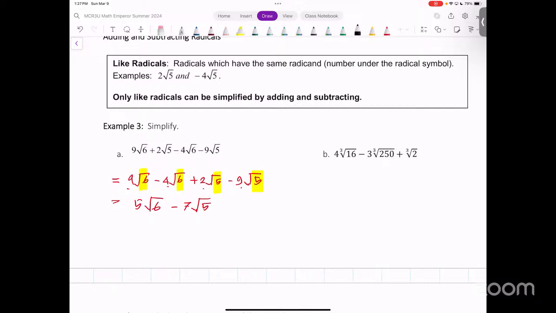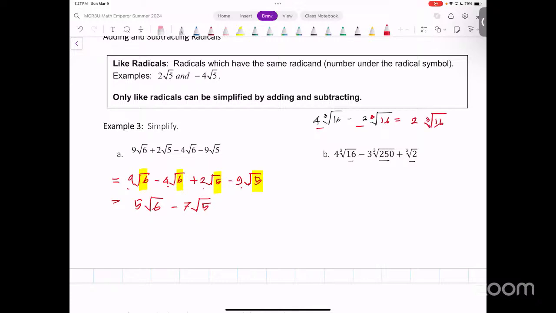So this is cube root of 16, cube root of 250, cube root of 2. The only time you can collect them is if I have 4 cube root of 16 minus 2 cube root of 16, then I can collect it: 4 minus 2, 2 cube root of 16.